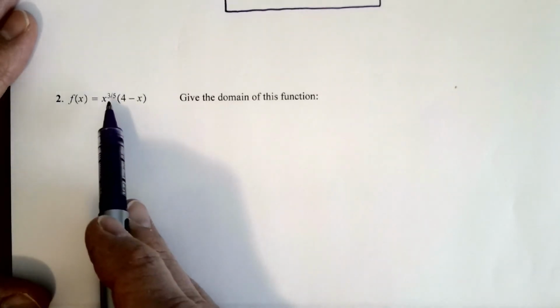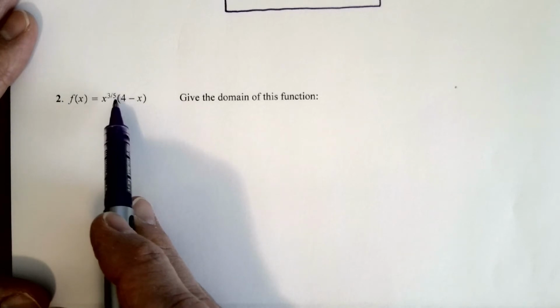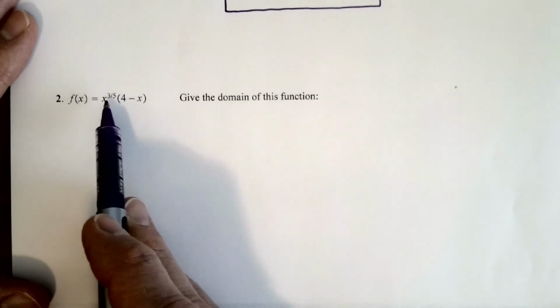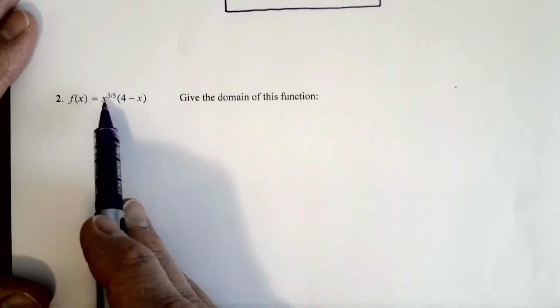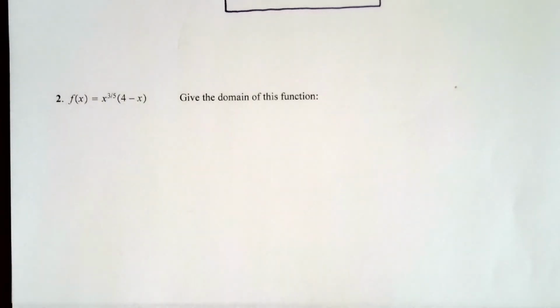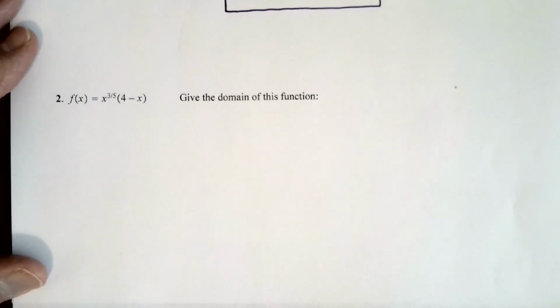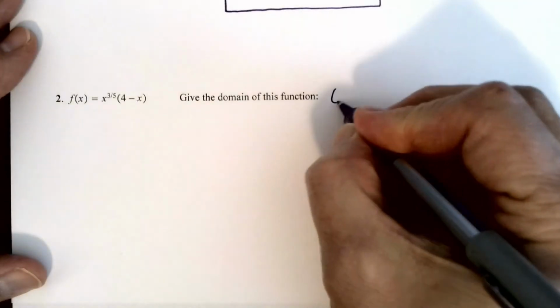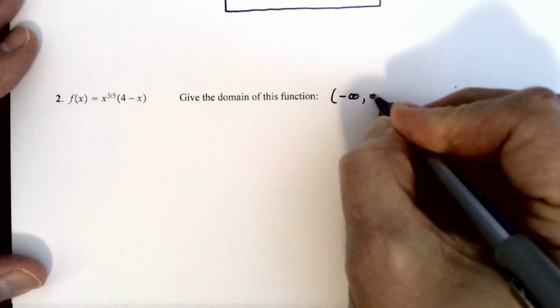Well, when I take the fifth root, can I take the fifth root of any real number, both positive and negative numbers? Yes, I can. For instance, the fifth root of negative 32 is negative 2, because negative 2 to the fifth power is negative 32. So the domain here, again, is all real numbers.